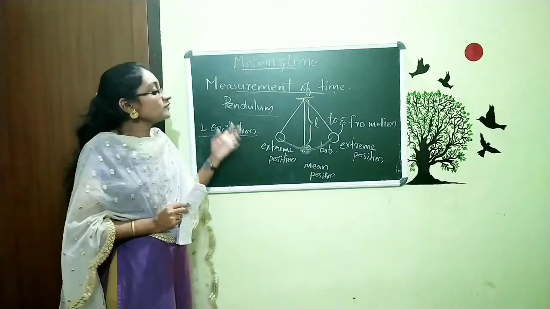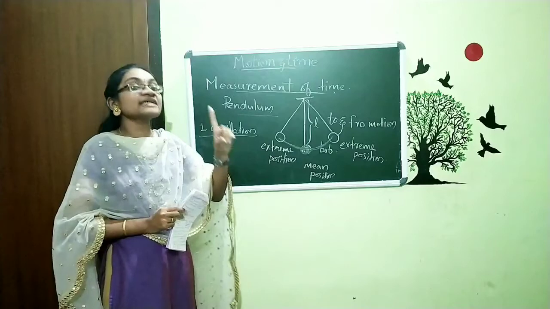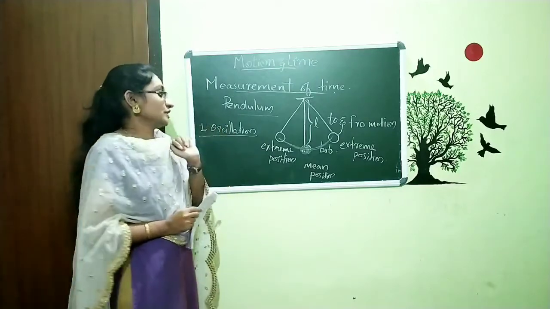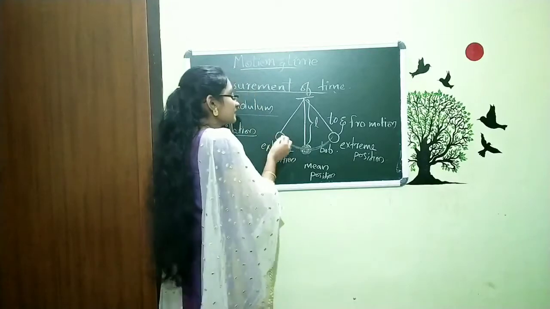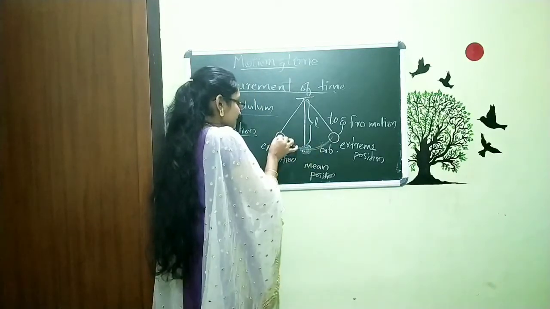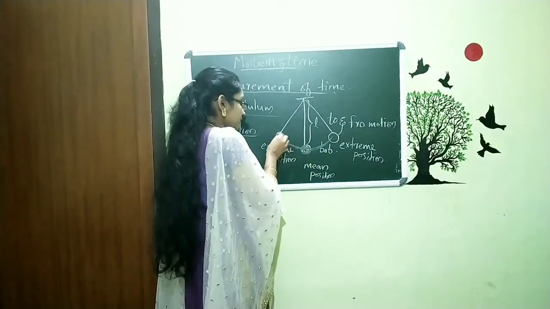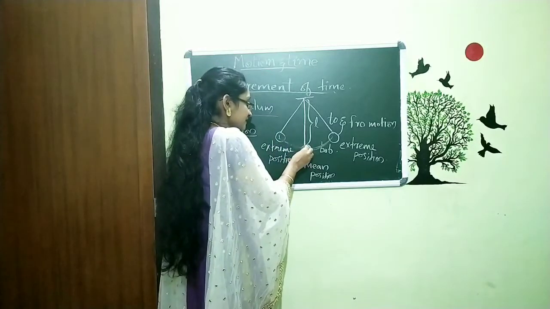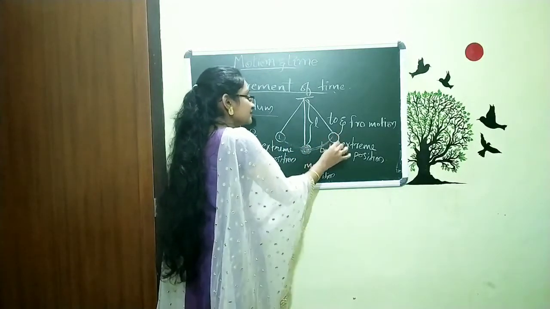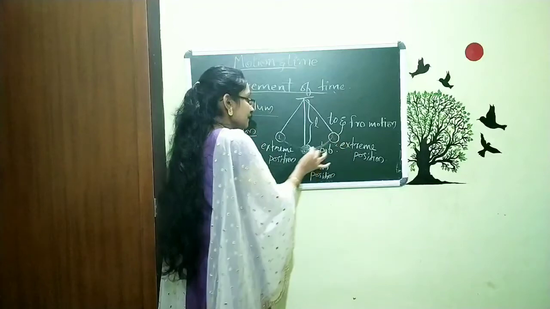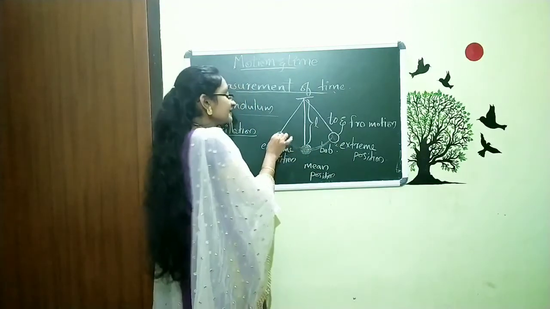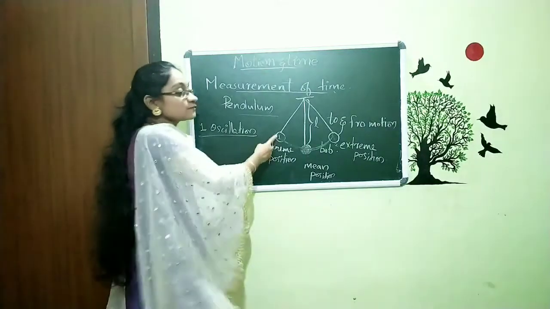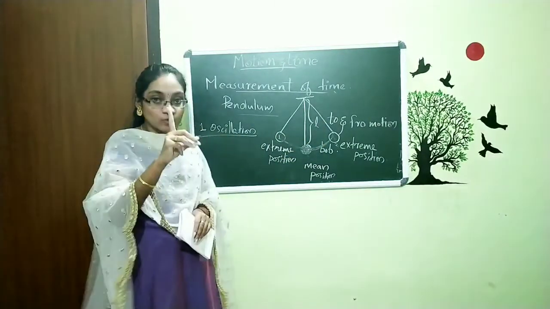That is, how we can measure one complete oscillation of a pendulum. I am starting my oscillation from this point 1. Here it reached. At this point 2 it reached. Again here and reach this point. Then I can say this bob completes one oscillation.